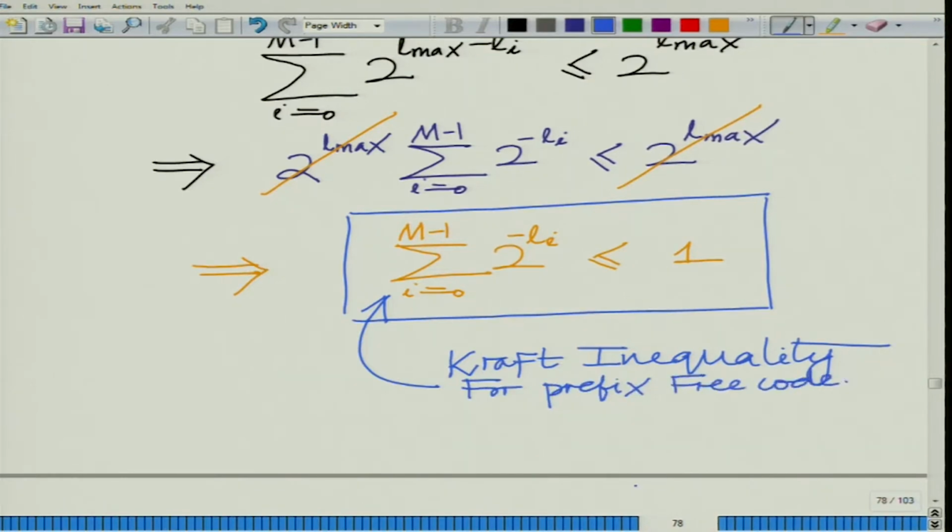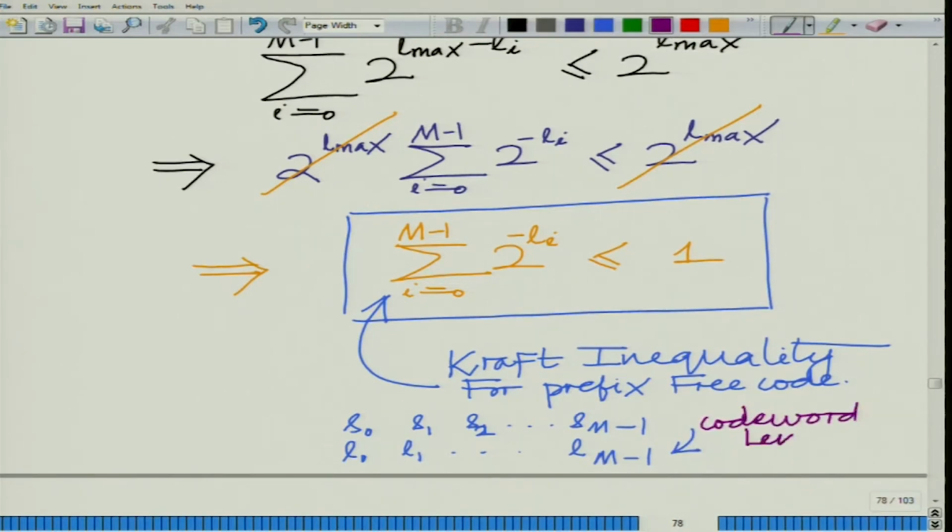This is the Kraft inequality for a prefix free code, where we are considering symbols S0, S1, S2, up to Sm minus 1 with lengths L0, L1, L2 up to Lm minus 1. These are the corresponding code word lengths.